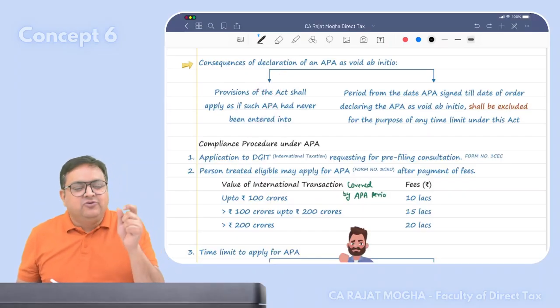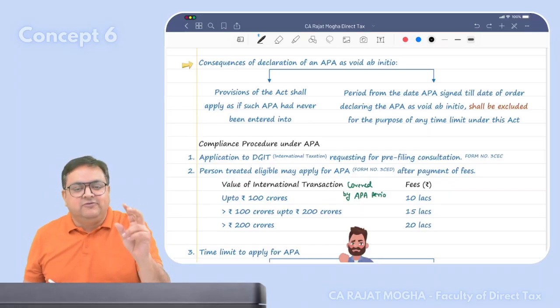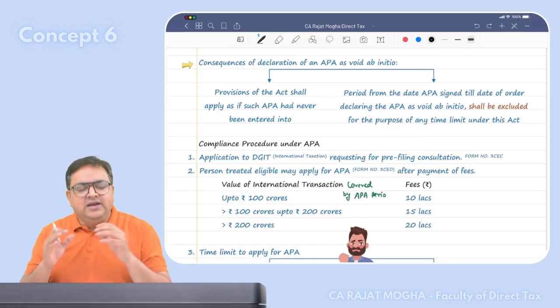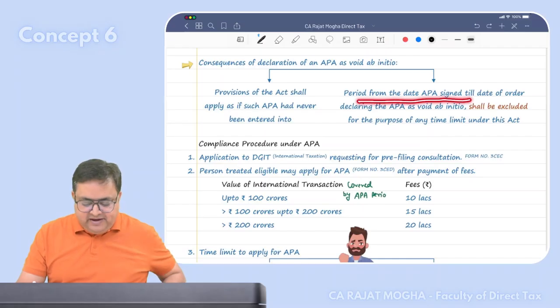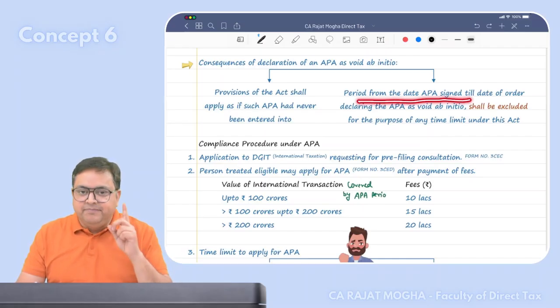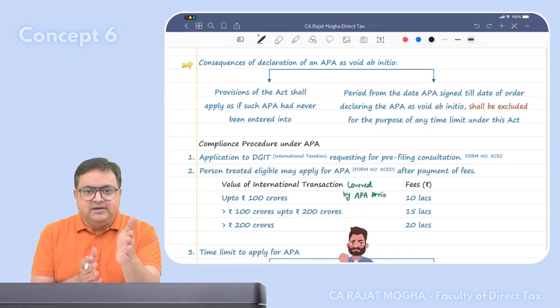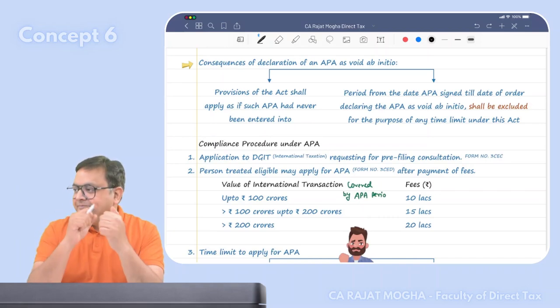And whatever the time was wasted, we will add in all the time limits of the Income Tax Act, any provision, let it be 153 or any other time limit, we will increase it. The period from the date the APA was signed, the day when the APA came into effect, till the time when the APA was declared void.